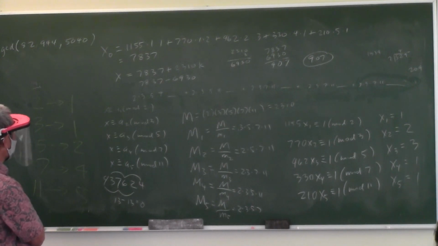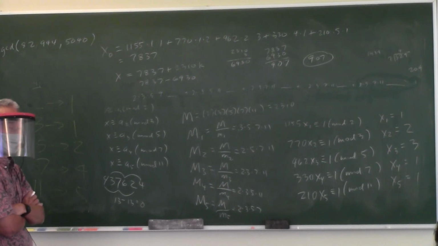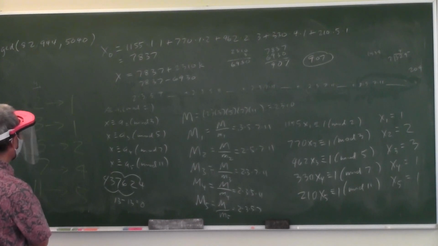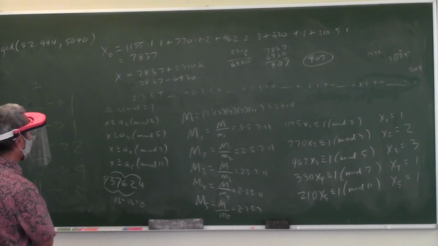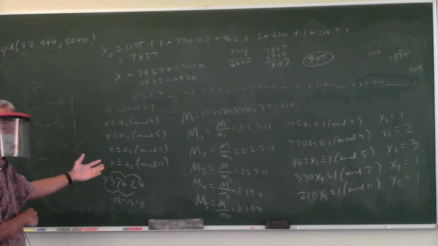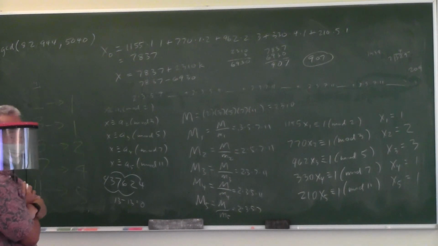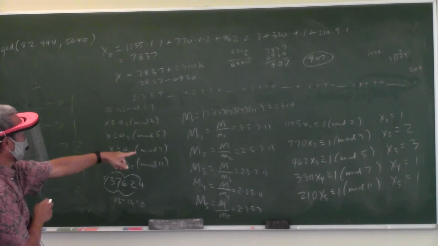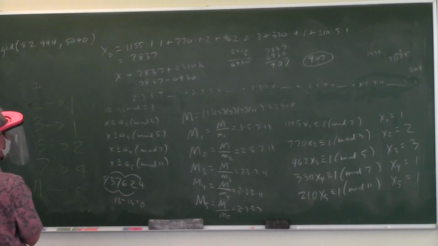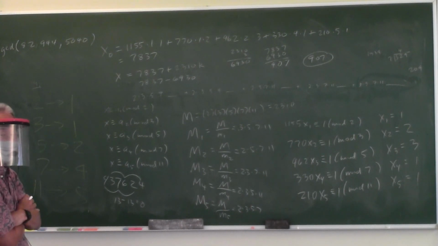I'm not exactly sure what you're saying. So you're trying to make the Chinese remainder theorem then? Yeah. There's a methodical way to solve the congruences.